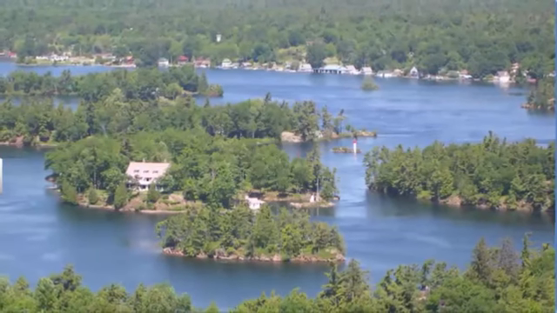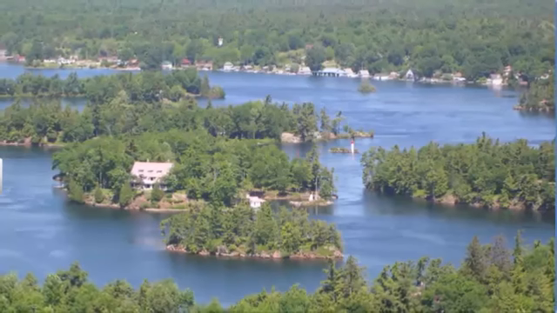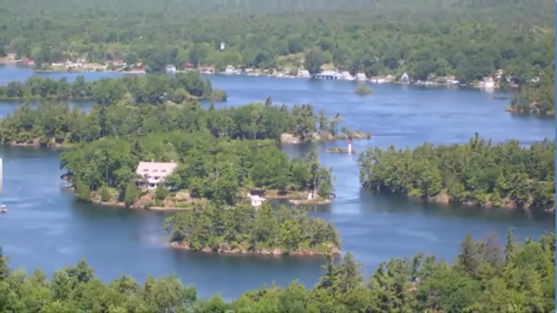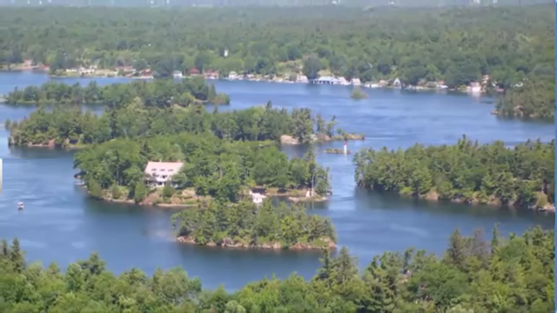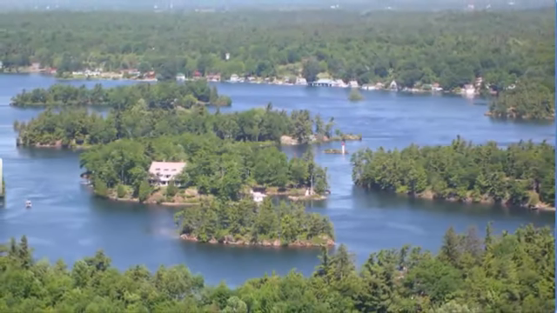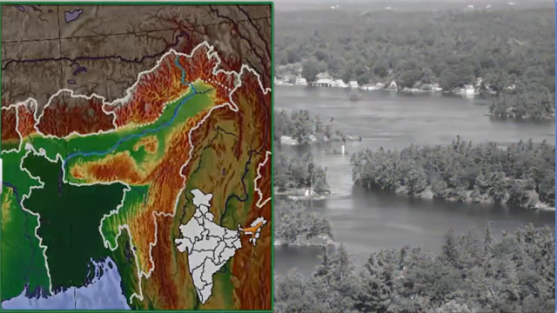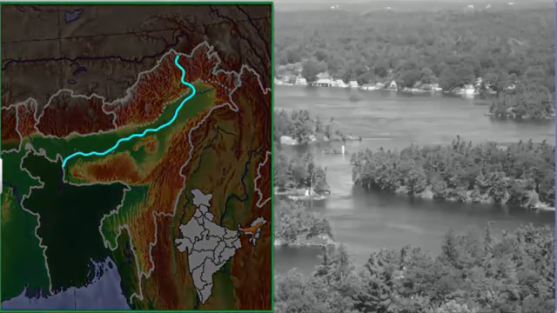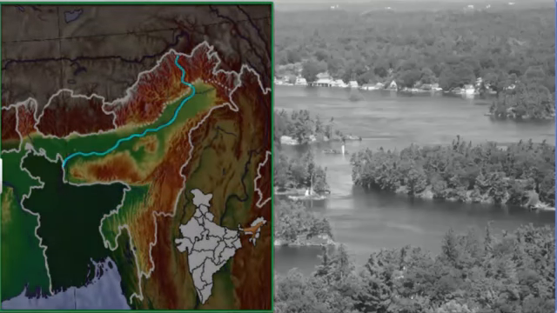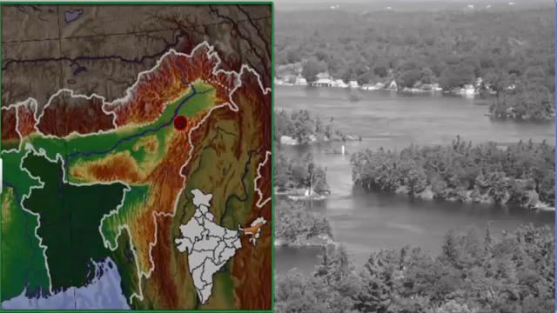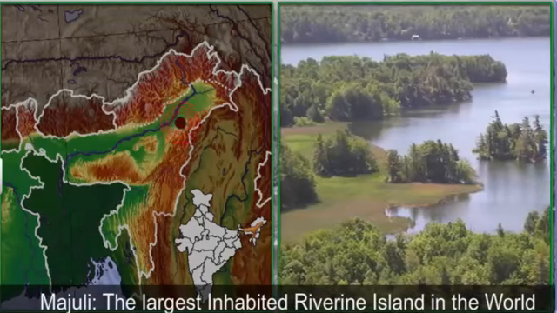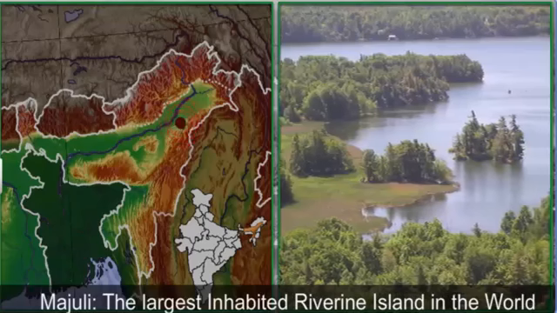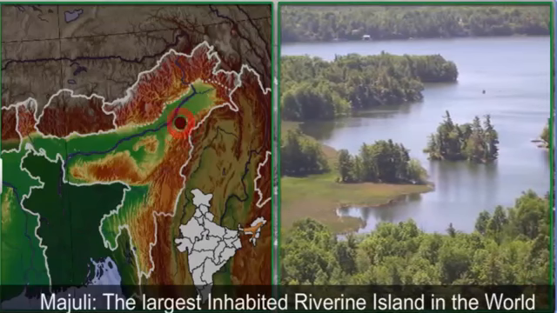These deposits can lead to the creation of riverine islands. For example, in the Brahmaputra river flowing through Assam lies an island called Majuli. This island is famed to be the largest inhabited riverine island in the world.